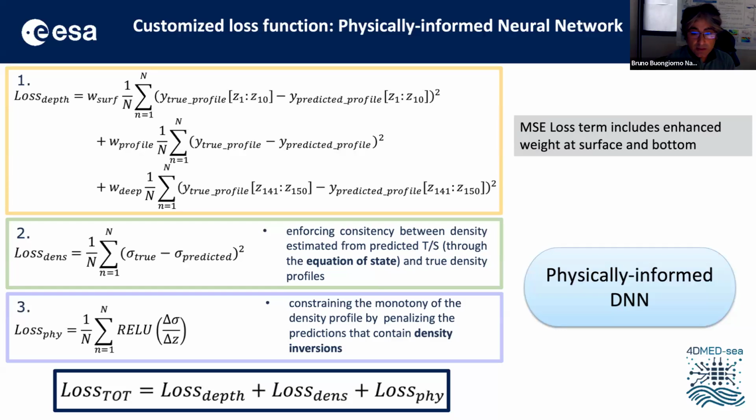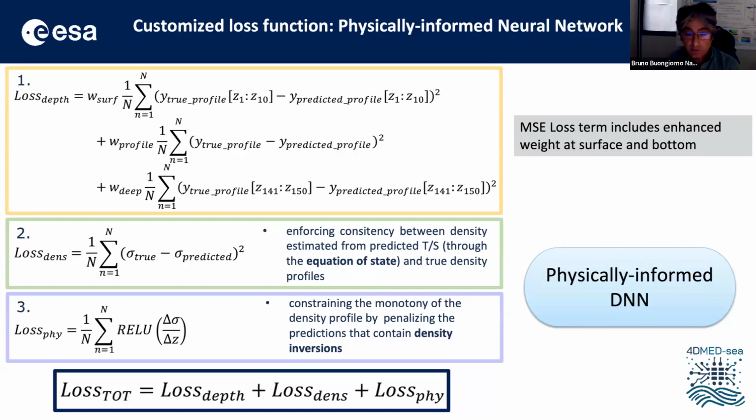And the other interesting thing is that even if in reality we know that density inversions can be present in our observations, these are quite rare, and usually they can lead to big issues if you want to estimate anything related to hydrostatic physics.